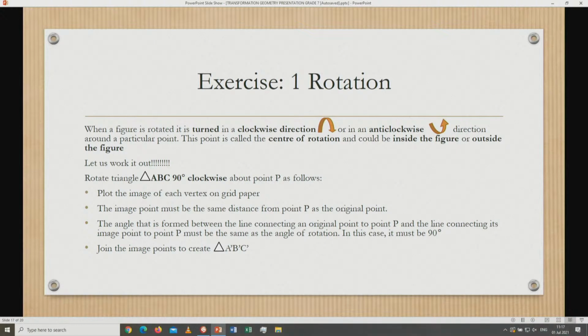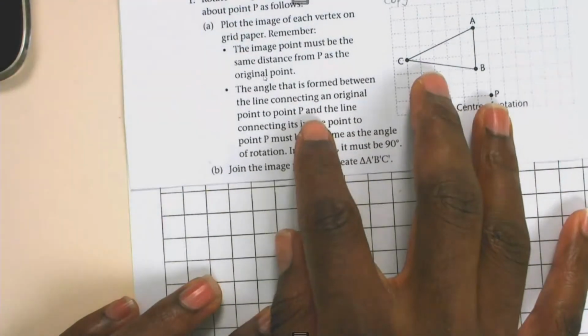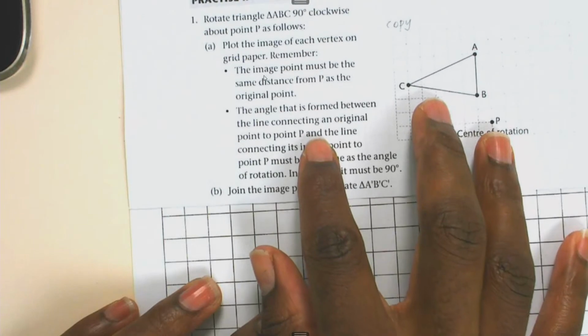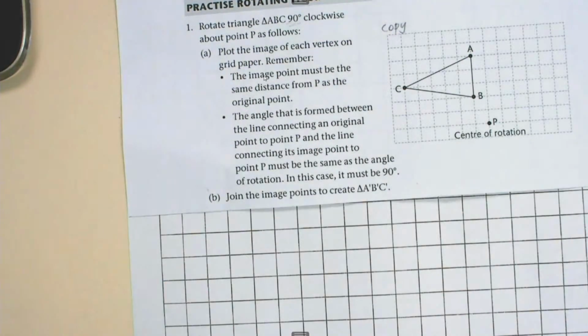Plot the image of each vertex on a grid paper. This is the shape we are talking about.